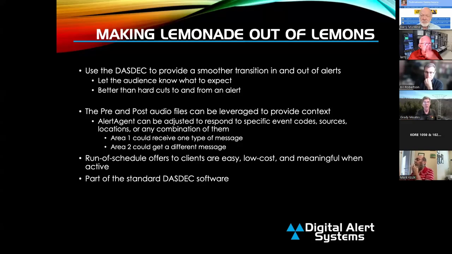The present EAS as being deployed in America, that you can't control with your box, doesn't give enough information about how to identify a particular message to a particular sub area of the coverage of a station that might be a Class C.